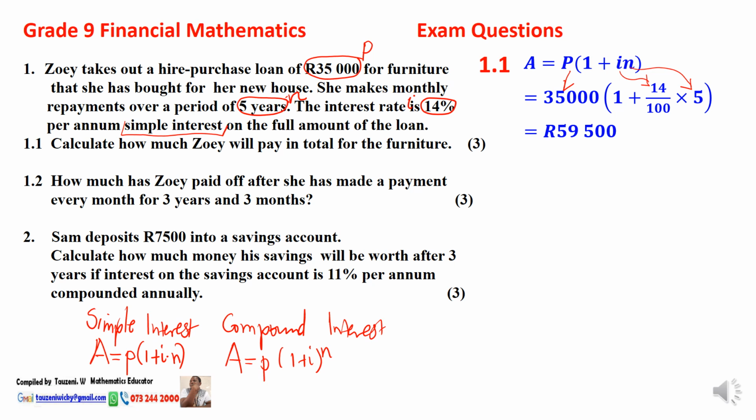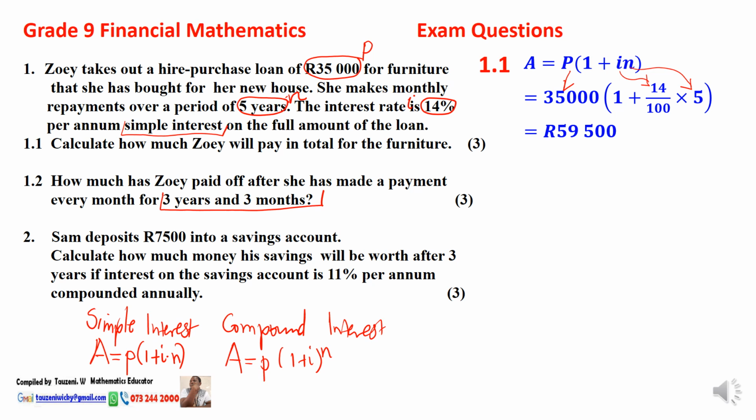Let's have a look at number 1.2. How much has Zoe paid off after she has made a payment every month for 3 years and 3 months? Number 1.2 and 1.1 are the same. The only difference is that they have changed the time, the value of n. Please listen well. n is the number of years.